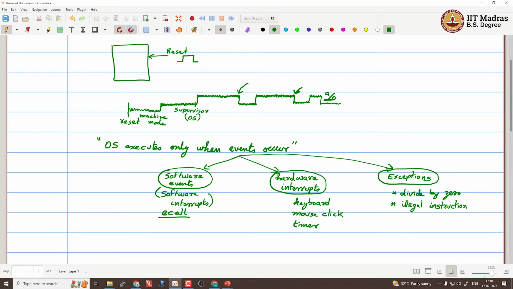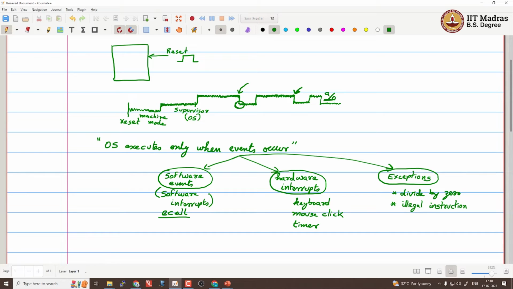So as soon as the OS starts to execute after the event occurs, it needs to identify whether this event was a software interrupt, a hardware interrupt, or an exception. And once it identifies the cause of this event, it needs to invoke the right handler, or the right interrupt handler, or the event handler, to service that particular interrupt.